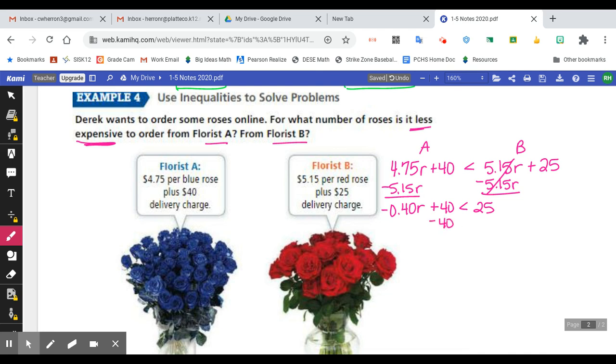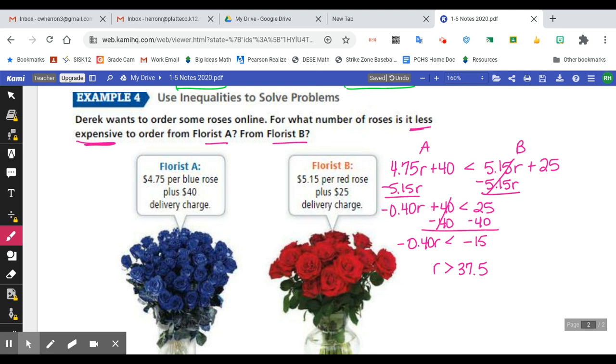If I subtract 40, that gives me negative 15. And then we need to divide. So R is greater than, because we're dividing by a negative, and we get 37.5.